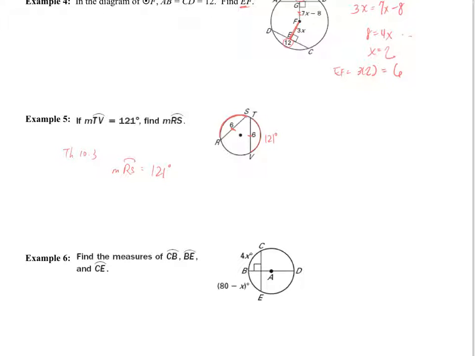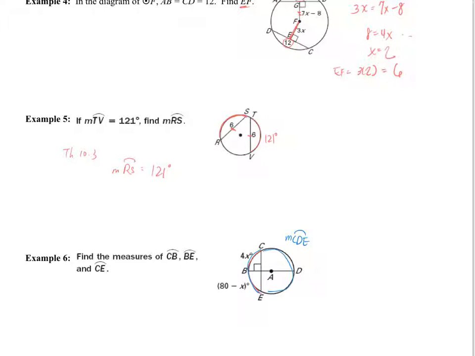Example 6. Find the measures of arc CB, arc BE, and arc CE. Now I'm going to be real careful here. It's not the major arc. If it were referring to the major arc, it would be arc CDE.